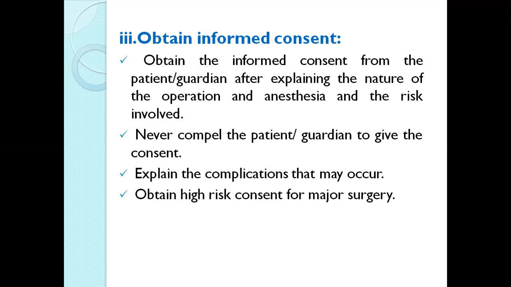All these need to be explained properly in an informed consent. Then only the patient will sign, as well as the guardian. We always need to take the signature of the patient as well as the guardian. So obtain the informed consent from the patient and guardian after explaining the nature of the operation.